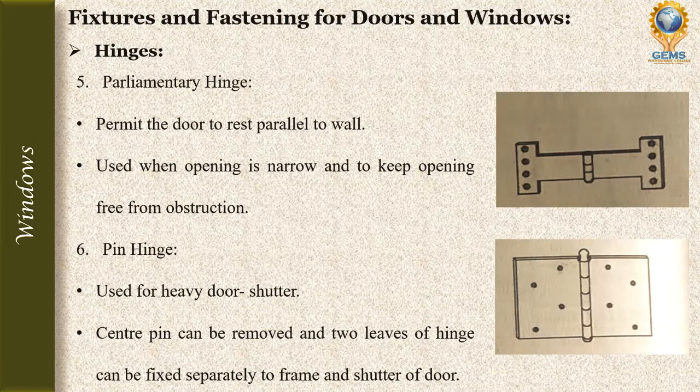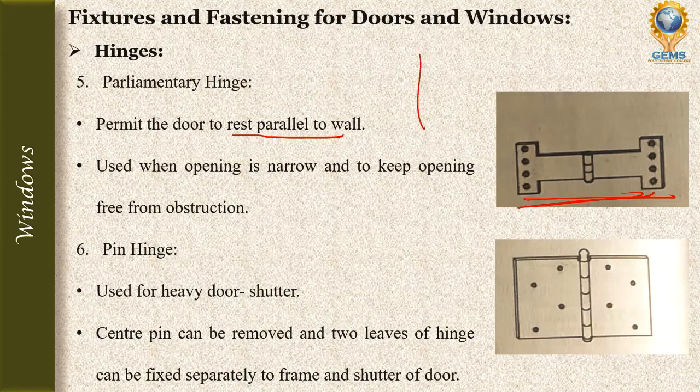Fifth type is the parliamentary hinge. It will look like a double T or a single I section. This will permit the door to rest parallel to the wall.